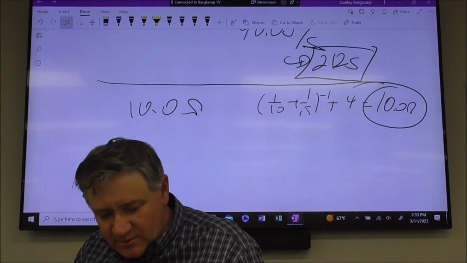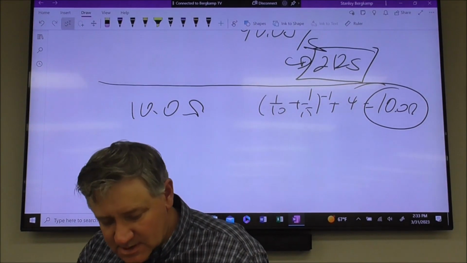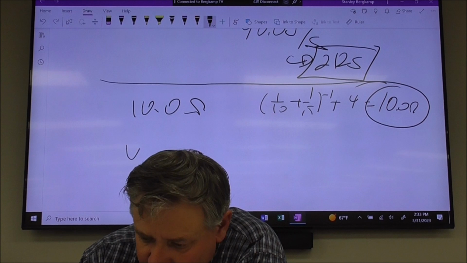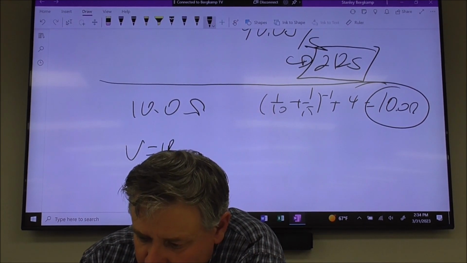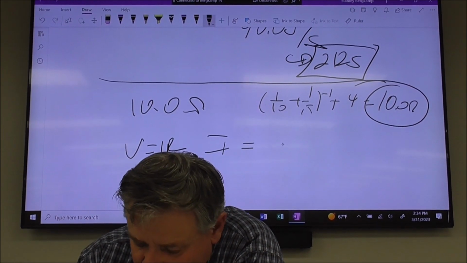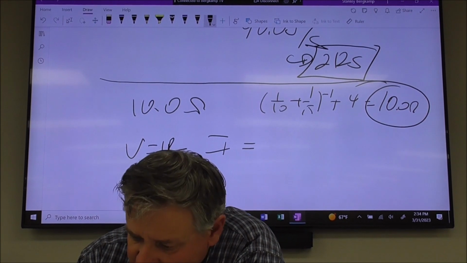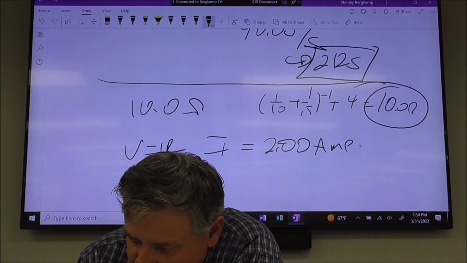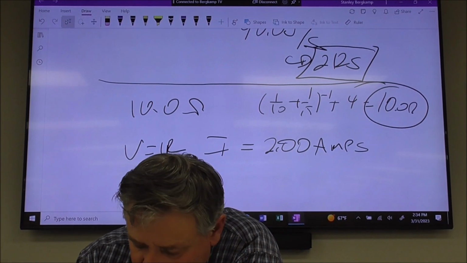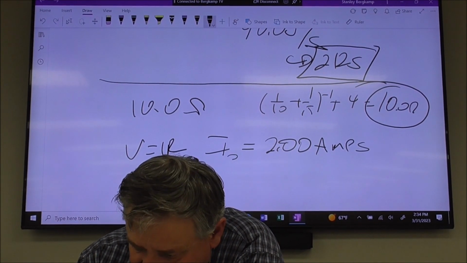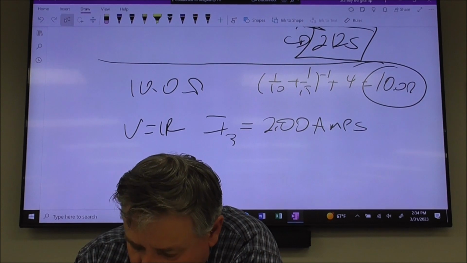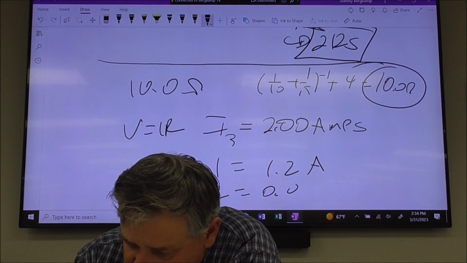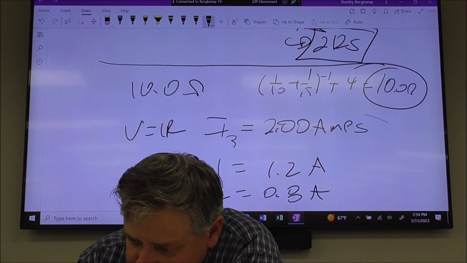The 10 ohm. So you need to find the entire current, which is 2.0 amps. That's the current in the whole thing, going through resistor 3, and then the others should be 1.2 amps and 0.8 amps.